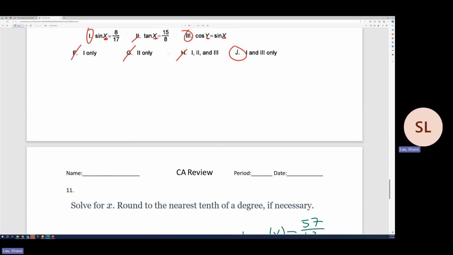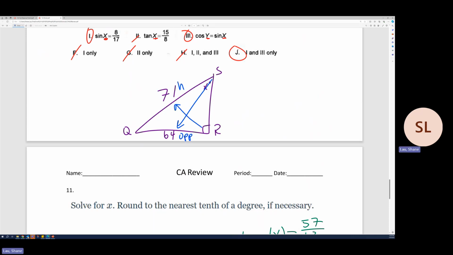Okay, the third problem is going to look like this. We have a right angle here. We have x here. We have the values of 71 and 64. Looking at this problem, this is our opposite because it's opposite from our angle. This is our hypotenuse because it's opposite from that 90-degree angle. Therefore, this is adjacent.